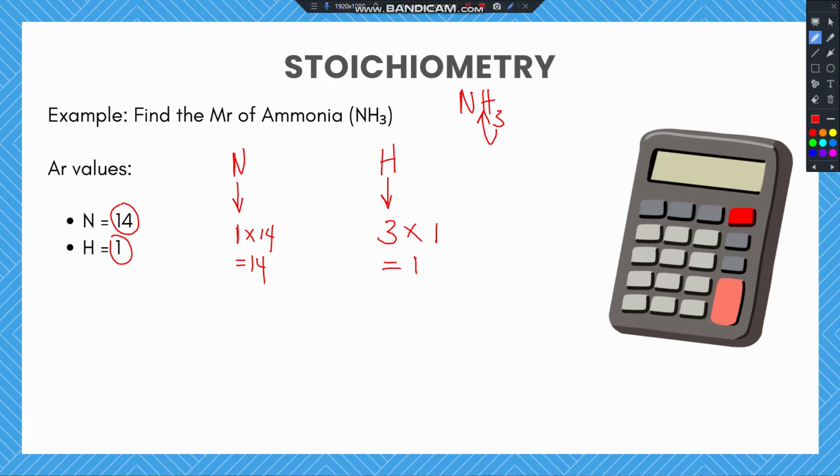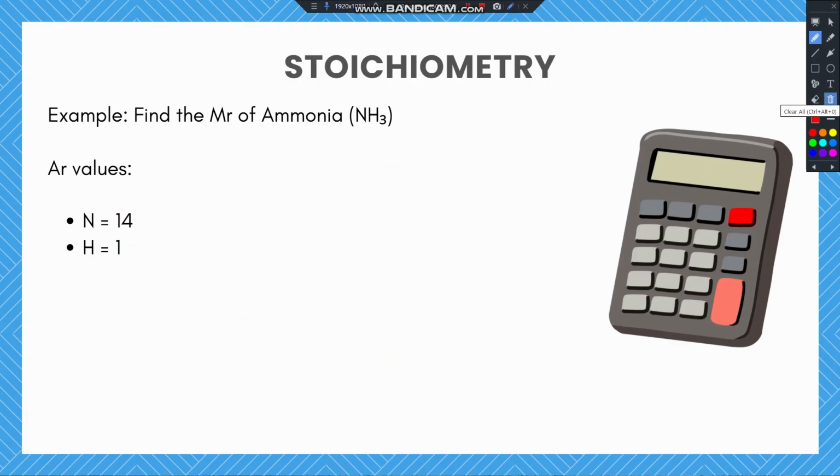I beg your pardon, 3 times 1 is not 1, 3 times 1 is 3. So we have 14 plus 3. This gives us 17 grams per mole. This is the relative molecular mass of ammonia. I trust you're getting massive value for what's being put out in today's video.